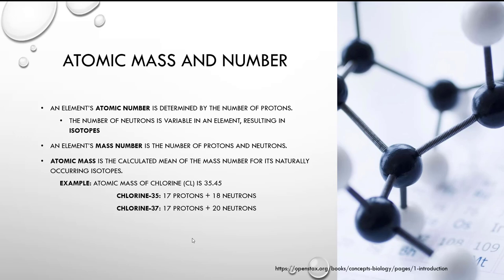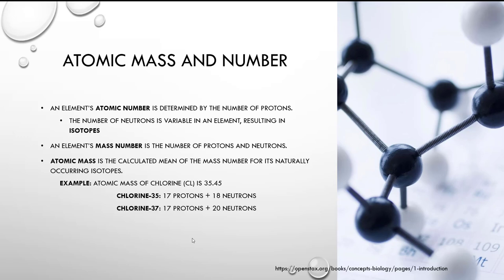There might be differences, and when there are, we call those different atoms isotopes of that element. I'll give you a couple of examples, but for now, just recognize that an element will always have the same number of protons, but can have a different number of neutrons.